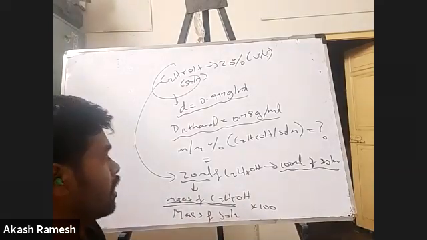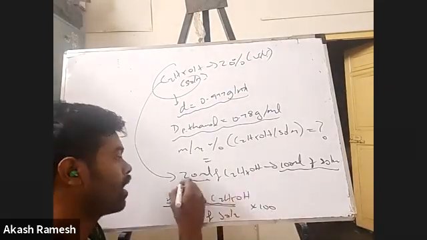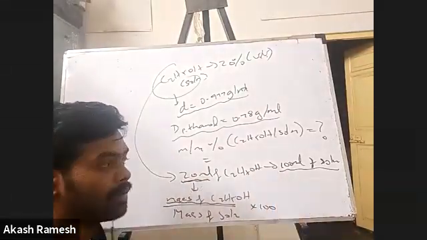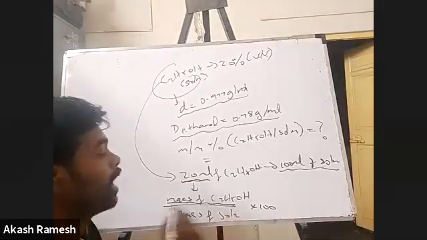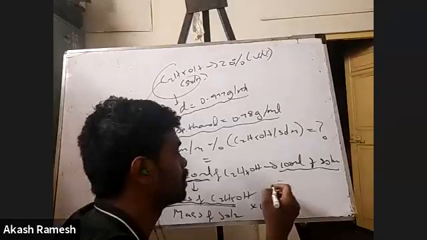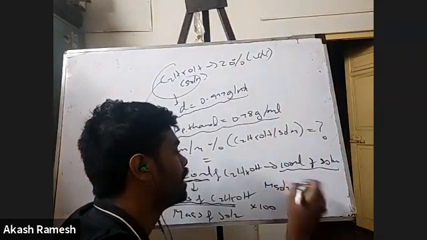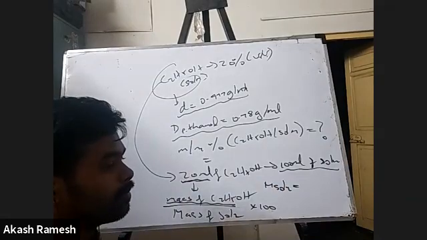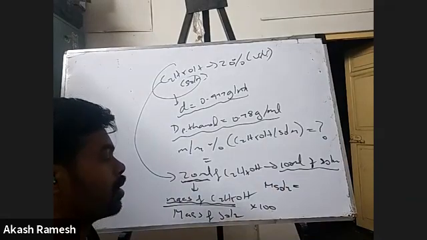So now I have two things. One is the volume of ethanol alone, and the next one is the volume of the entire solution. Now I need to find the mass of these two. I can easily calculate. Density is equal to mass by volume, so mass is equal to density into volume.